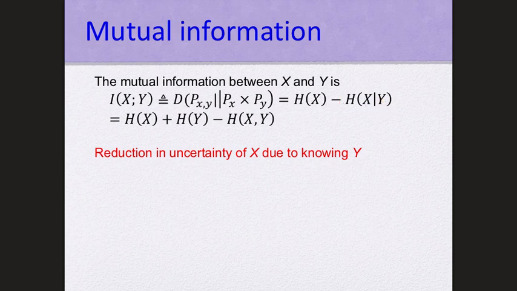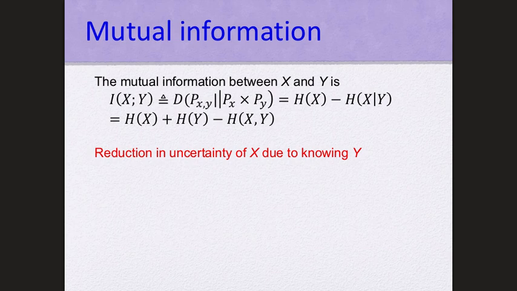Okay? Can you interpret what this quantity means? Remember, H of X is the ambiguity about X in general, without having any prior knowledge. So you don't know anything, then your ambiguity about X is H of X, okay? And H of X given Y is the remaining ambiguity about X when you already know Y, right? Now when you subtract this from this, what do you get? Like how Y affects X. Affects it in which way?